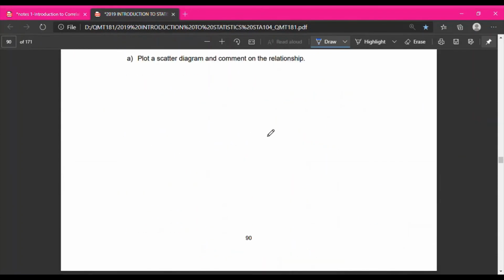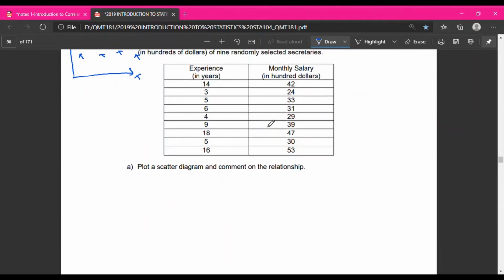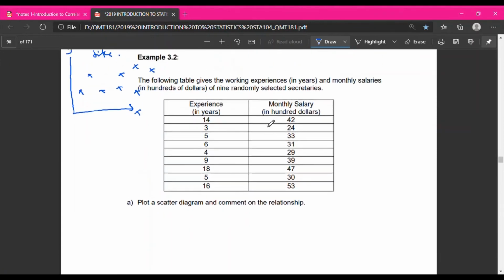Okay, so you try to plot this example. Okay, about the working experience in years and monthly salaries for the 9 randomly selected secretaries. Okay, so first thing first, apa yang you kena buat adalah determine which variable adalah y and which variable adalah x.